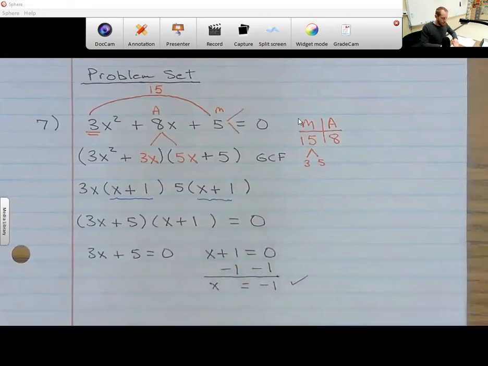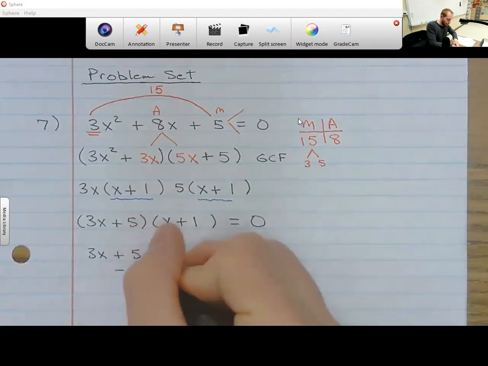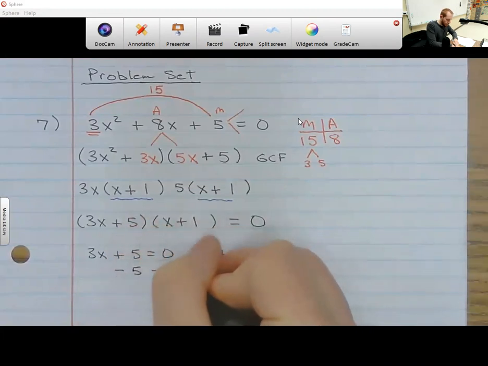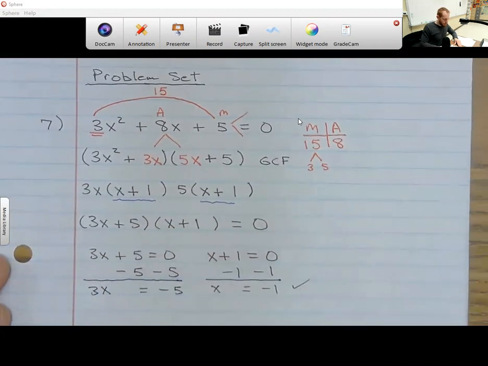Good. Over here, this is a two-step equation because I need to get rid of the 5 and I need to get rid of the 3, correct? So I'm going to subtract 5 first, just to get rid of that plus 5. And I get 3x equals -5. So far, so good.